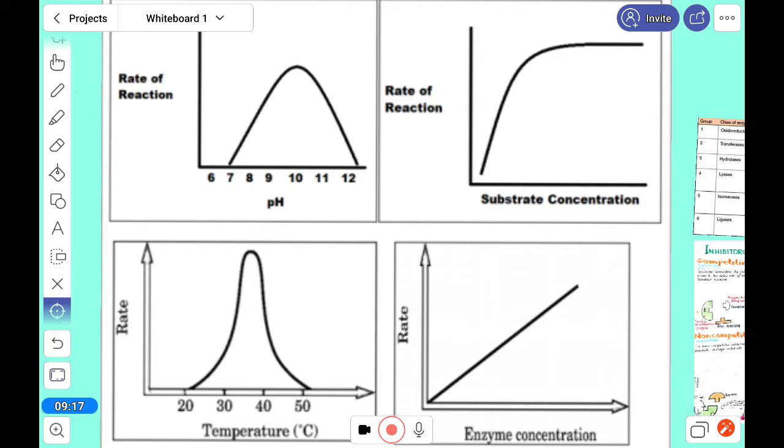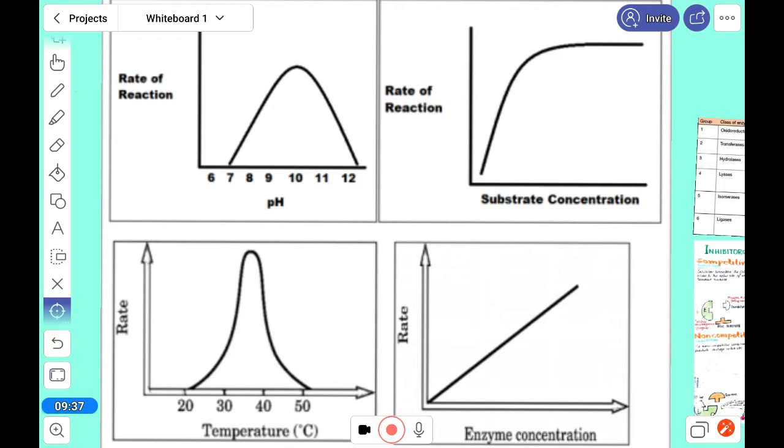Temperature, if we see this, there is a certain temperature, normally our body temperature, 37 to 40. So there is one optimum temperature. Okay.